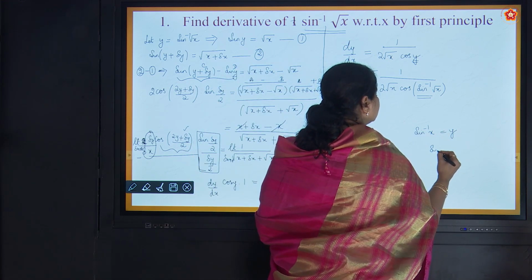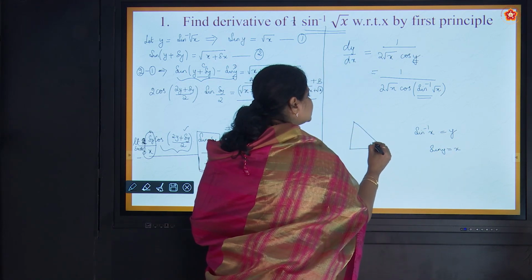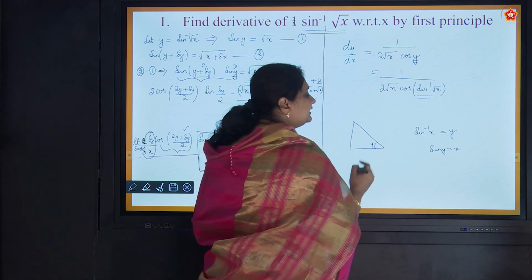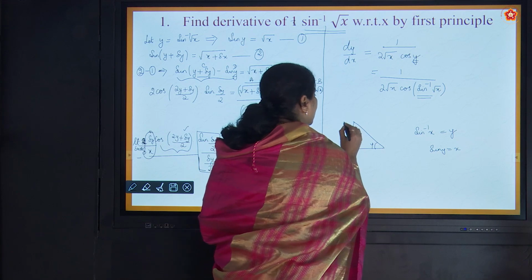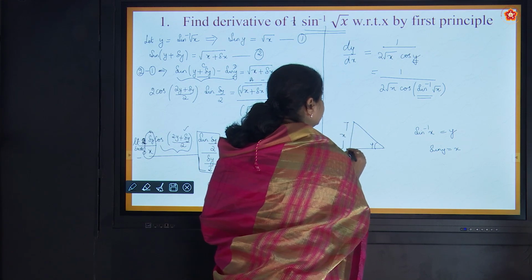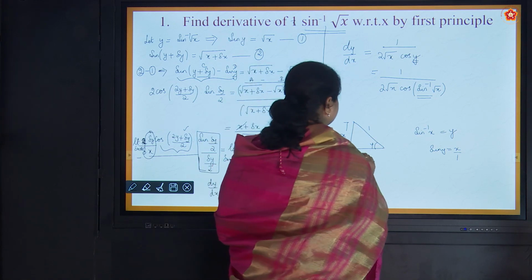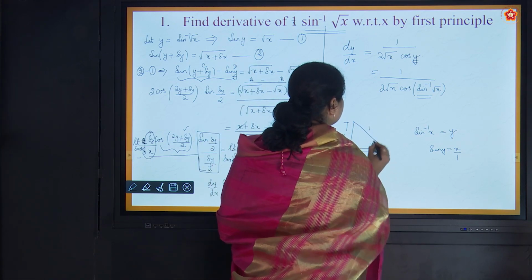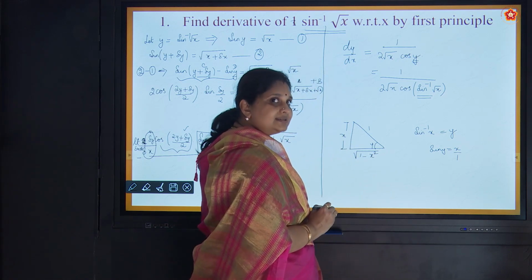So from here we know that sine y is equal to x. On a triangle, when I have this angle as y, sine of y is opposite by hypotenuse, right? So opposite is x, by hypotenuse is 1. So what is my adjacent? My adjacent is going to be root of hypotenuse square minus opposite square, so root of 1 minus x square.